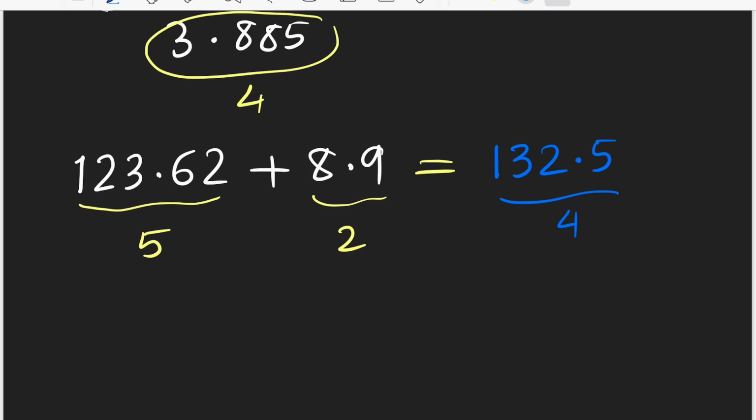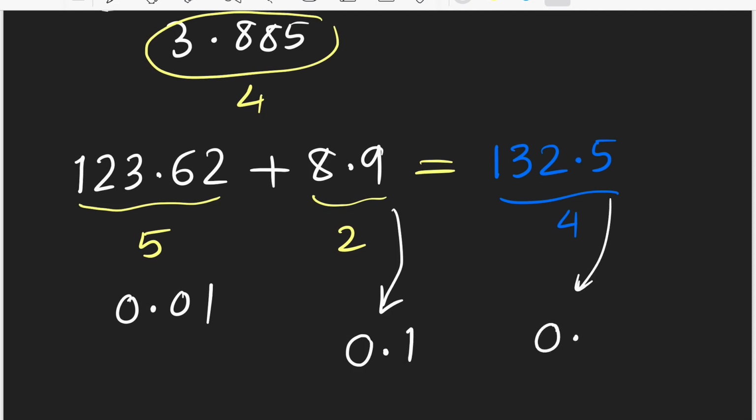So as you see in this example, the second factor has an accuracy equal to 0.1, and the first one has an accuracy equal to 0.01. So the accuracy of the result must be equal to the accuracy of the factor with the least accuracy. In this example it is 0.1. So this is also accurate until 0.1.